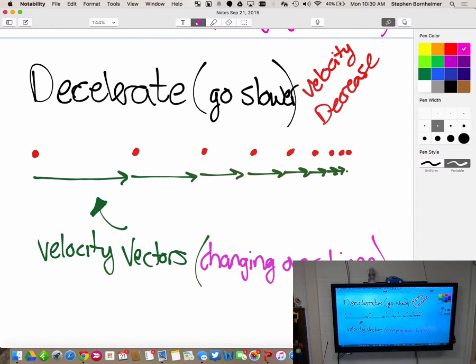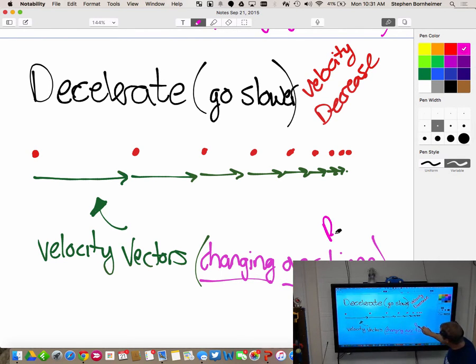So even though they're changing in a different way, the arrows are going from being long to short. That shows that they're starting fast and getting slower. That shows that they're all still moving in the same direction. Even though it's different motion, it's still a change over time, and therefore it's a type of acceleration, because the acceleration definition does not specify whether you're getting faster or slower. It just says a change has to take place. Just a change. And that change has to happen as a rate, which means over time.